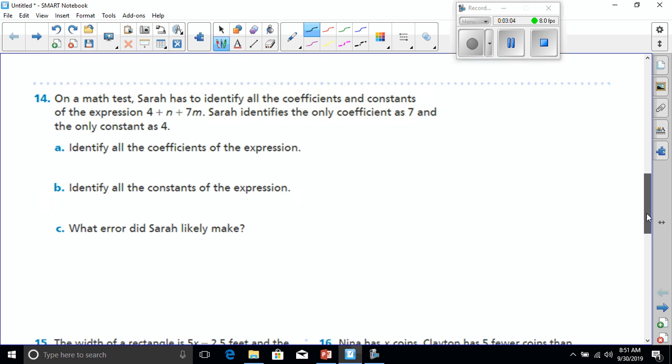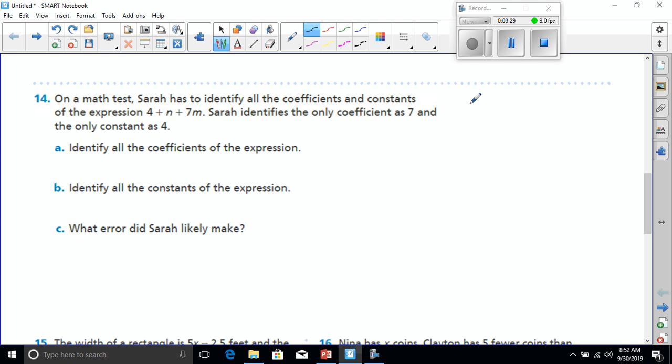Let's go to number 14 now. On a math test, Sarah has to identify all the coefficients and constants of the expression 4 plus n plus 7. Sarah identifies the only coefficient as 7, and the only constant is 4. Okay, identify all the coefficients of the expressions.